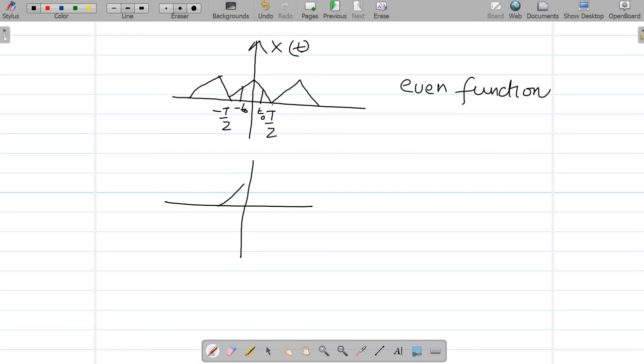If you flip it, you get the same wave shape, that is x of negative t. So x of t equals x of negative t. When you are doing a Fourier analysis for this type of wave, it is evident that it will have only the cosinusoidal terms. It will not have the sinusoidal terms at all.